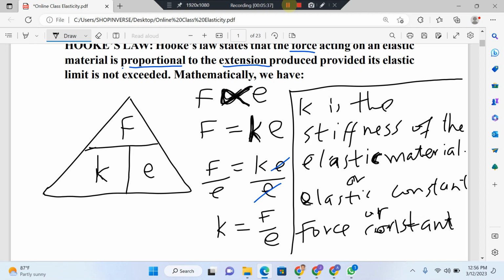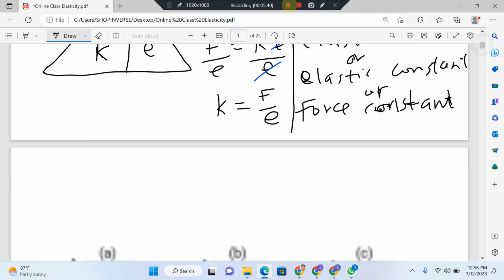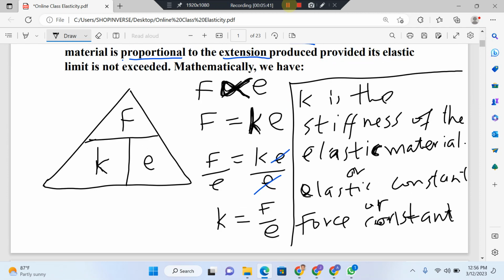Now, what is the SI unit of K? Since K equals F over E, its SI unit is Newton per meter. Why? Because force is measured in Newton and extension is measured in meter. There are other ways you can state this unit.